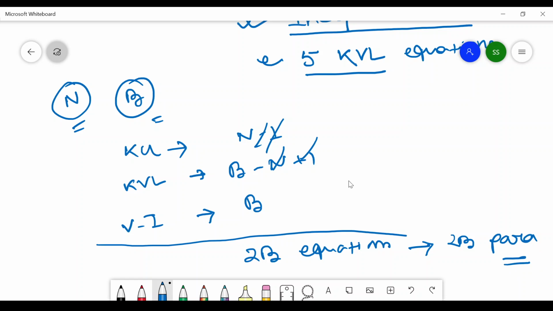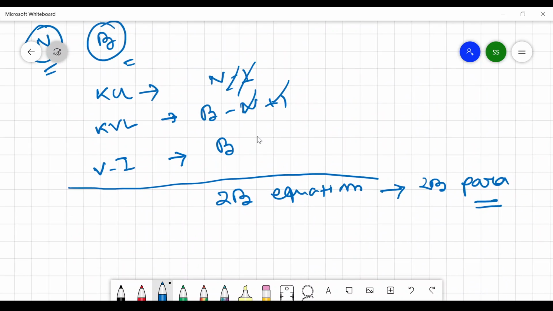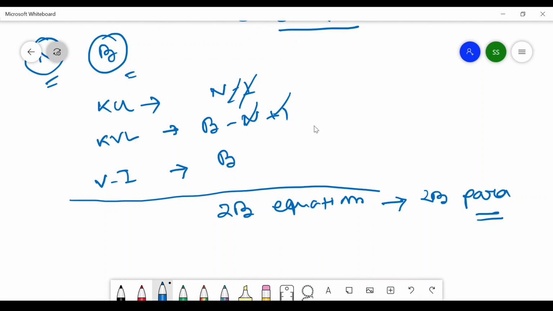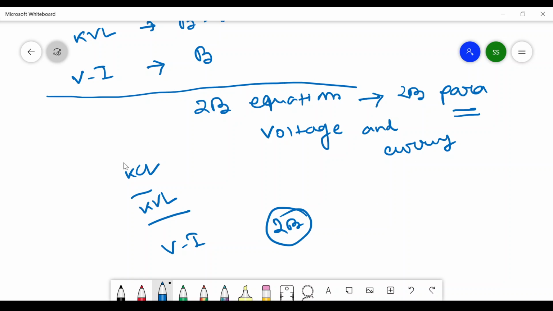So in circuit analysis we use KVL, KCL and VI characteristics for getting all the branch voltages and currents, and for that we get 2b equations.